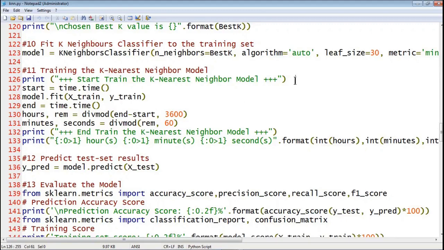At lines 126 to 133, it trains the K-Nearest Neighbor model. At line 136, it predicts the test set results.